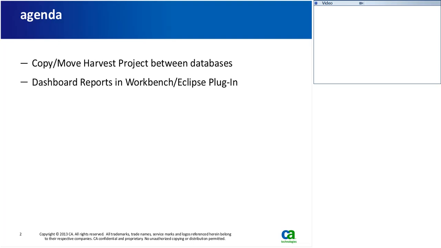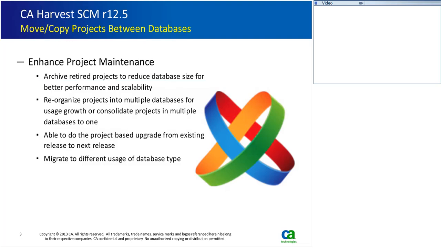For the move and copy project, as Rose mentioned, this has been asked for quite a long time, and the use cases we try to deliver benefit a number of areas. One is when you need to archive your retired projects.